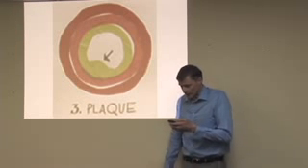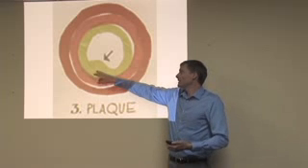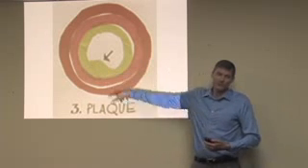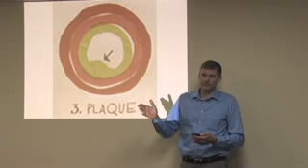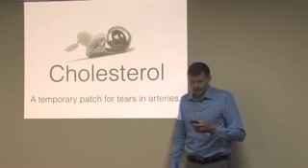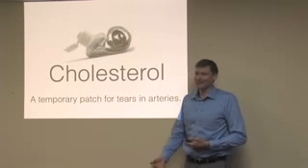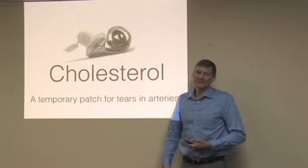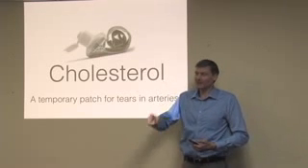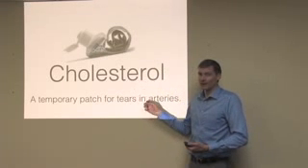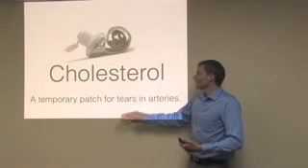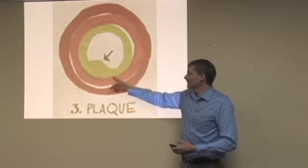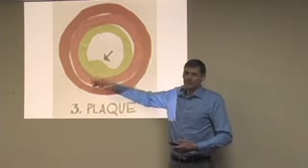All right, moving on. So now you got this tear, and then this plaque forms where the tear occurred. Okay, now what is the plaque? The plaque is cholesterol. Cholesterol is toothpaste in the wall of your cheap apartment that you're trying to paint real fast. Cholesterol does not belong here.